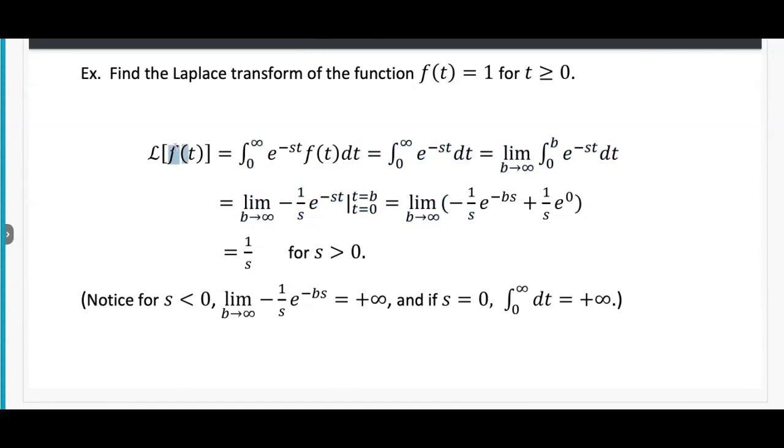So Laplace transformation of any constant number, any natural number, I should say, right? Natural number n, Laplace of n equals n over s, for s being positive.